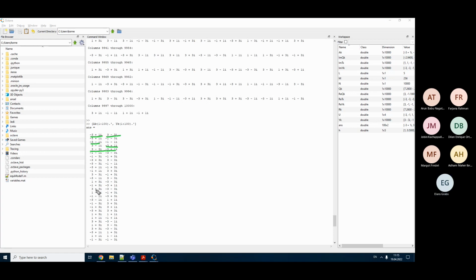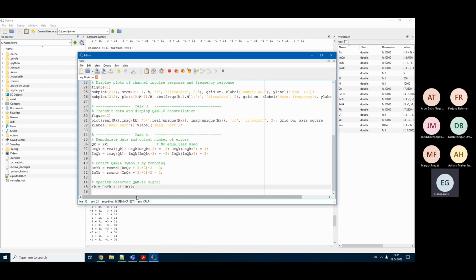And this isn't the problem of modulation, because we don't have any noise here.